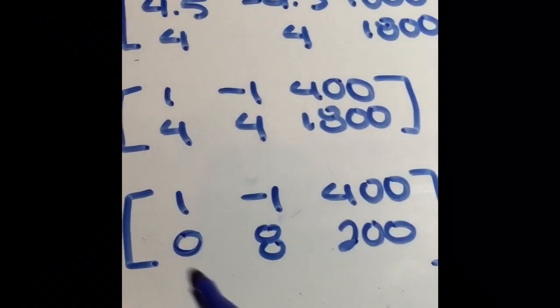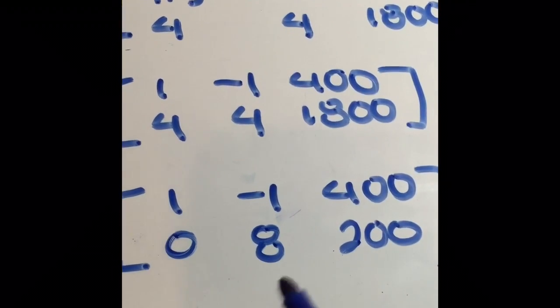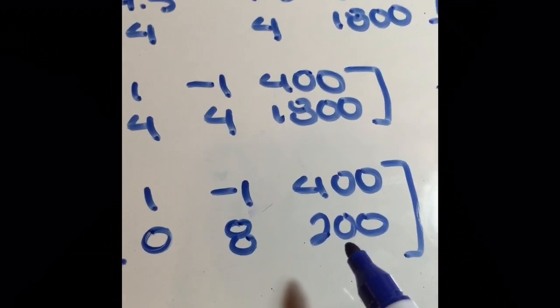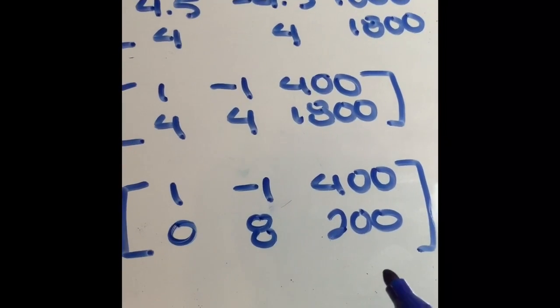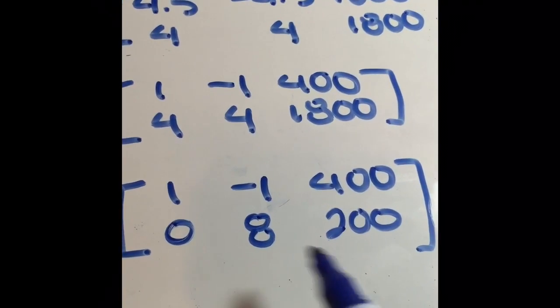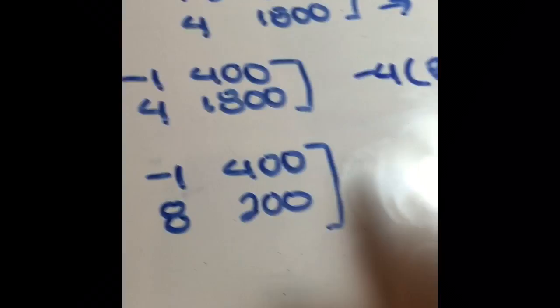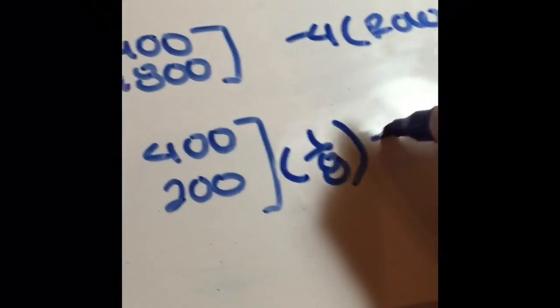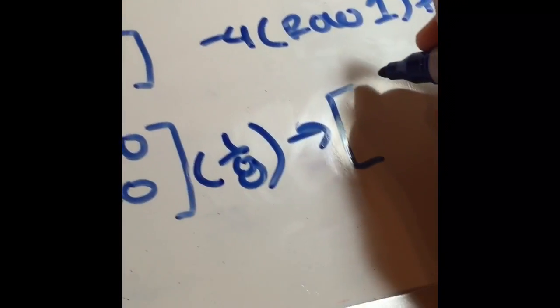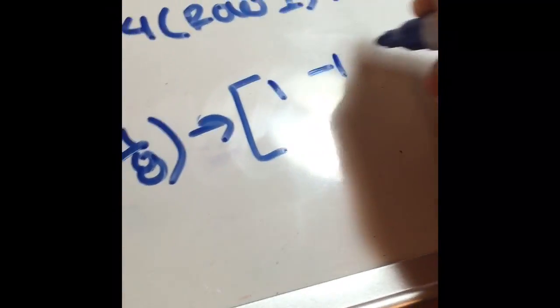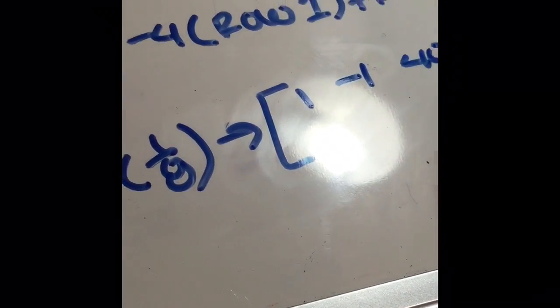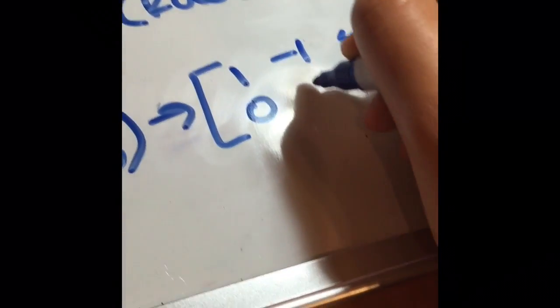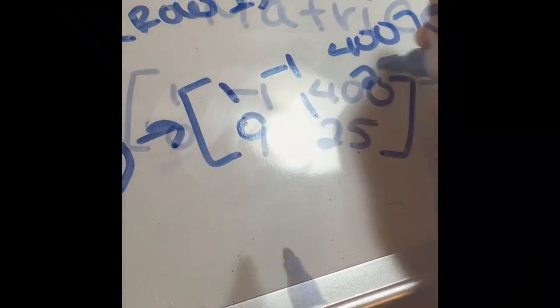After following that step, the second row should have 0 as its x value, 8 as its y value, and 200 as its constant. Now the next step is to multiply the second row by 1/8 so that the y value can be 1. The first row doesn't change, but the second row will become 0, 1, and 25.